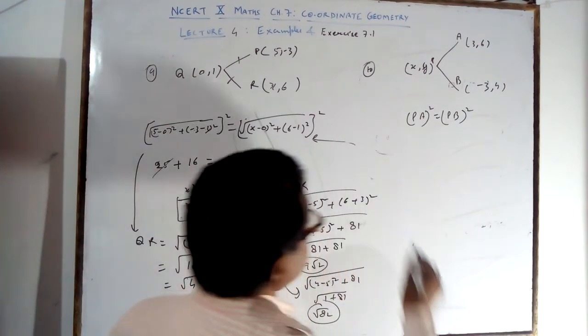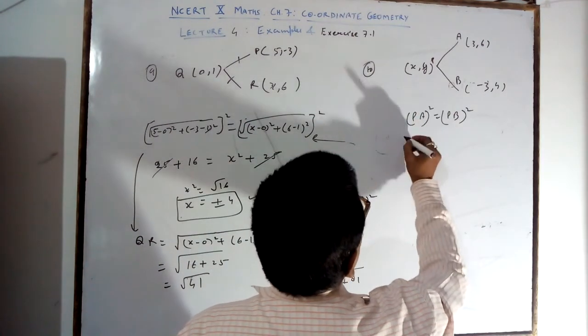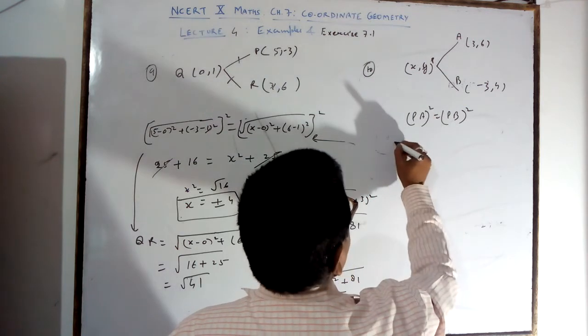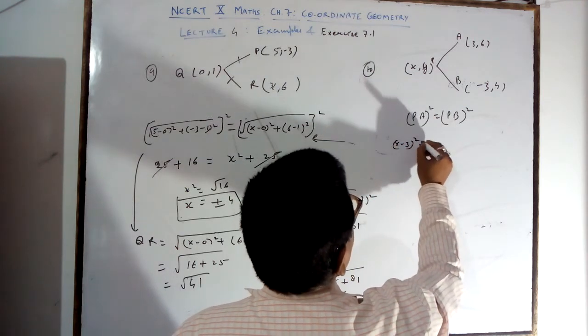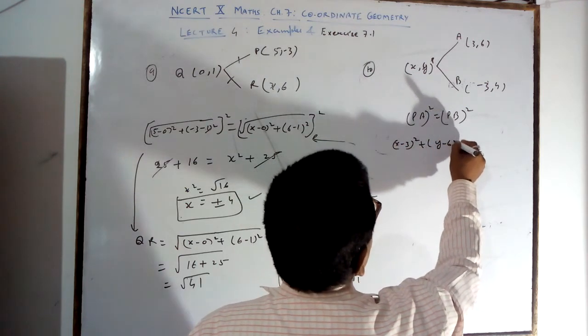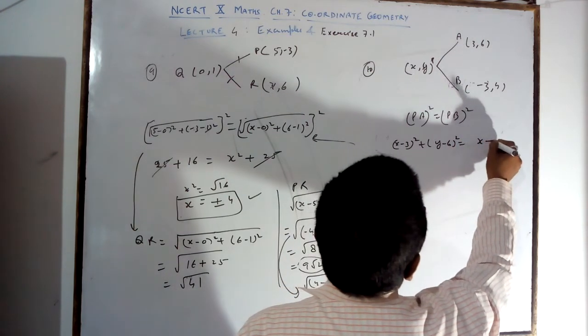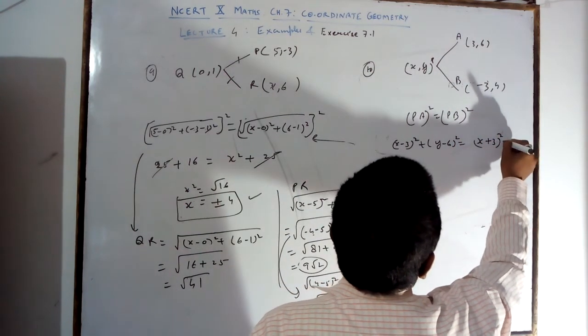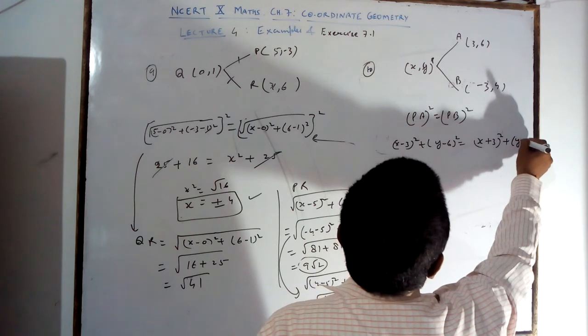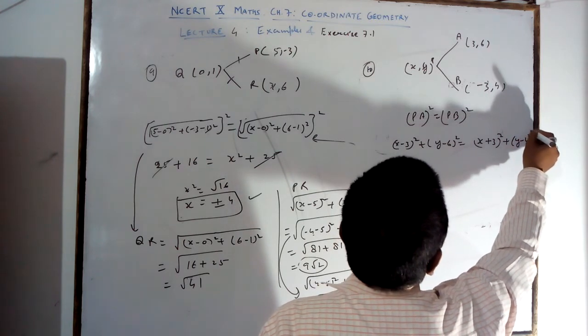PA is the root of (x minus 3) whole square plus (y minus 6) whole square, equal to the root of (x plus 3) whole square plus (y minus 4) whole square.